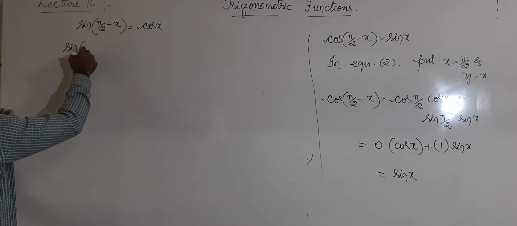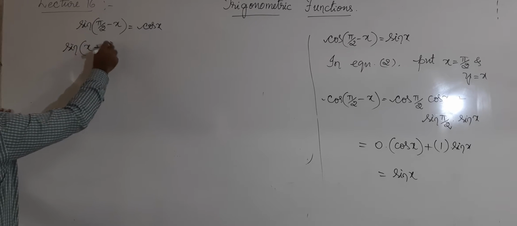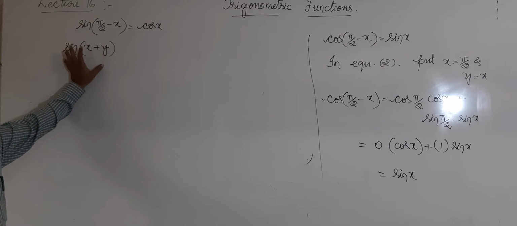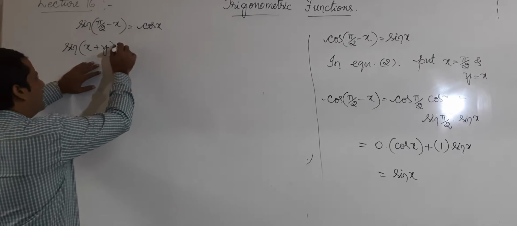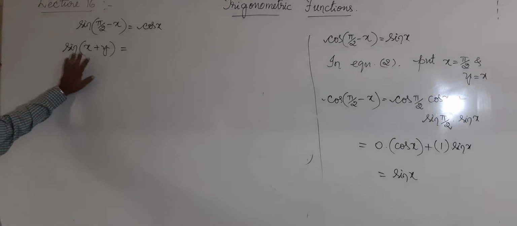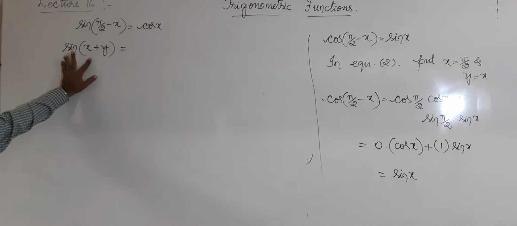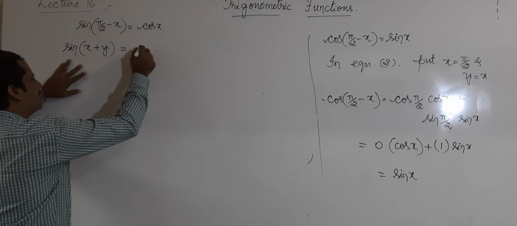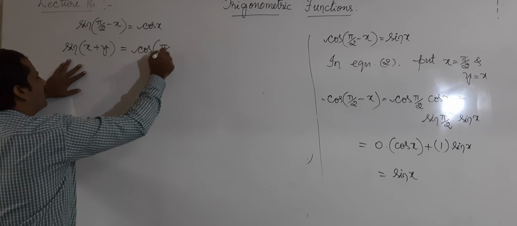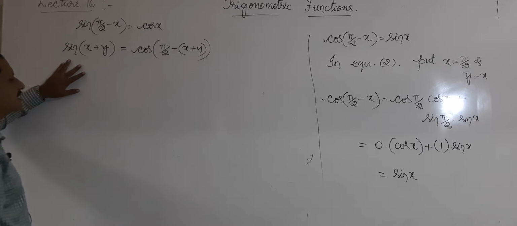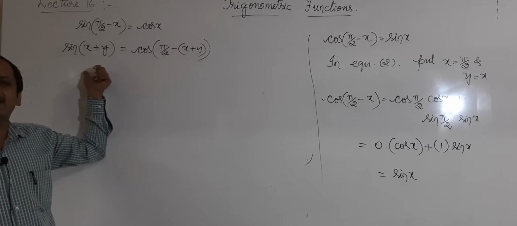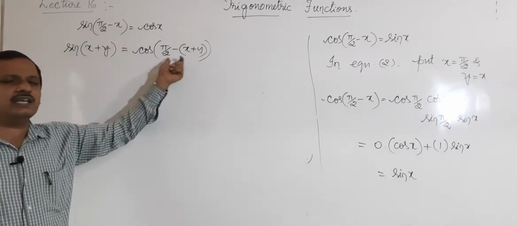Now, I want to know what is sin x plus y. I want to derive a formula for sin x plus y. I will write sin x plus y as cos pi by 2 minus of x plus y. Can I write like this? You know, sin theta is equal to cos 90 minus theta.